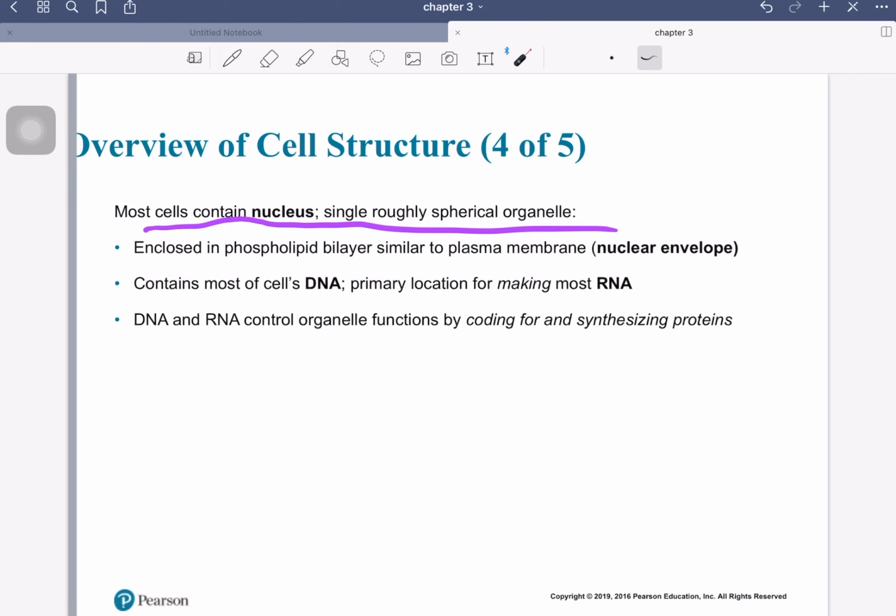Why? Because they code for and produce, or synthesize, proteins. And of course, proteins can be structural, giving structure to a cell or to a tissue. But one of the big categories of proteins are enzymes. And of course, enzymes are biological catalysts that are used for a number of reactions.